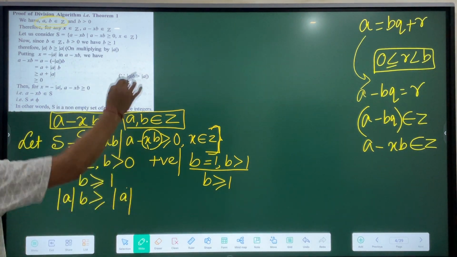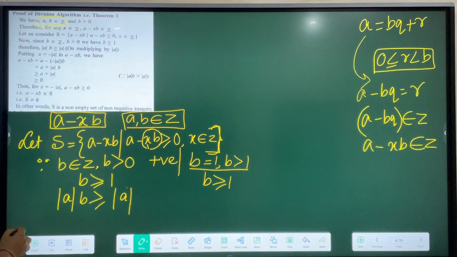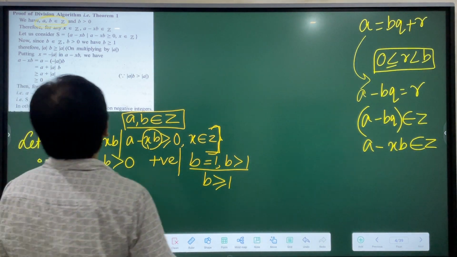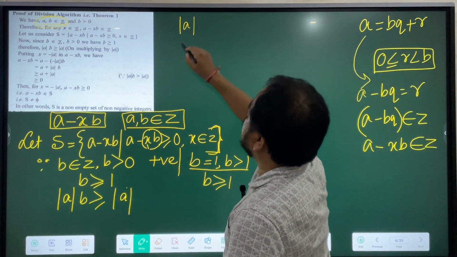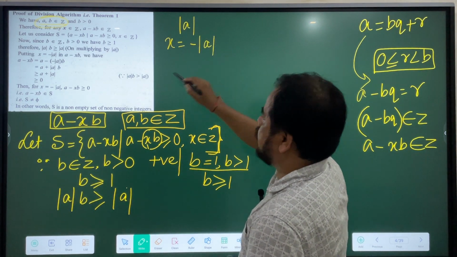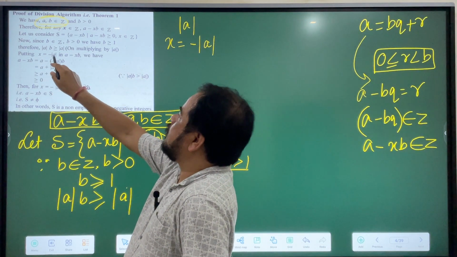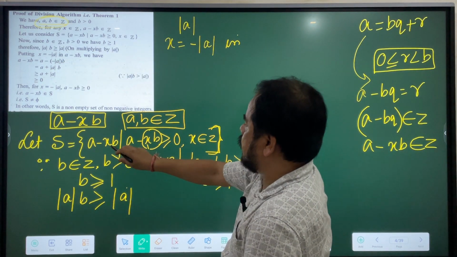So now we will assume this, and the equal sign is also there. So we are taking x equals modulus a. Now we will take x equals minus modulus of a. Putting x equals minus mod a in a minus xb in the set here.